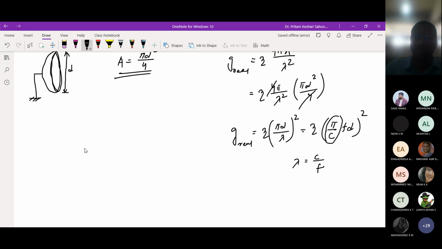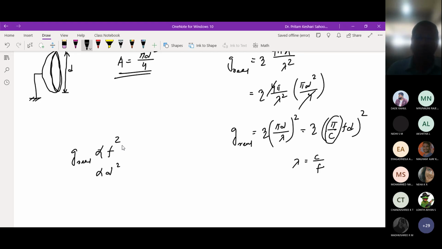So the gain of the antenna is directly proportional to the square of the frequency and to the square of the diameter of the antenna. That means if you take an antenna of larger diameter, it will have a higher gain. And if your operating frequency is higher, it will also have higher gain.